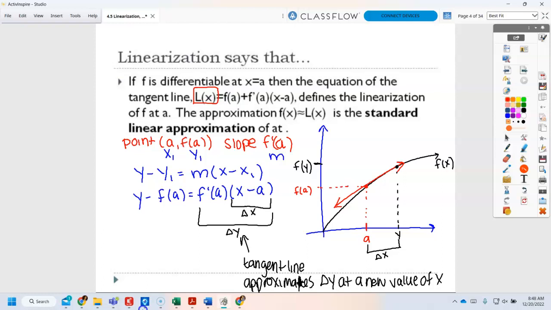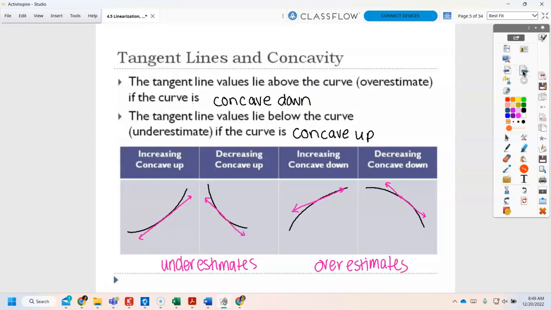So that would mean that my prediction from the red line is going to be an overestimate, because all of my values are above the curve. So my predicted answer is going to be a little bit more than the actual. So concavity affects our predictions.